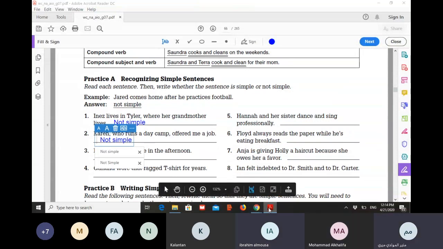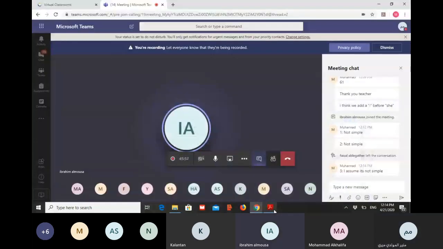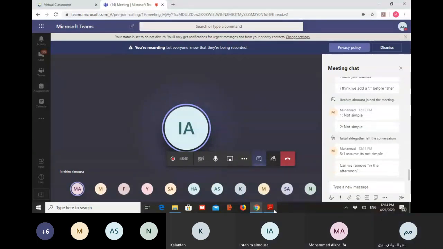Next, please. Number 3. It is not simple. Number 3. Can we remove in the afternoon?